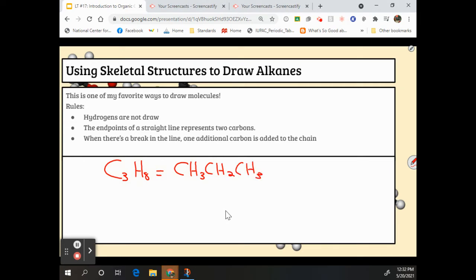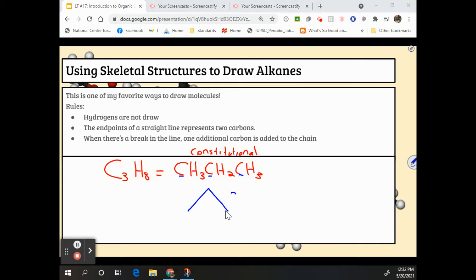Basically, using this constitutional way, I can tell the placement of each of the carbons and the hydrogens in the chain. Now to represent this using a skeletal diagram, I count my number of carbons, 1, 2, 3, and I can say 1 carbon, 2 carbons, 3 carbons.